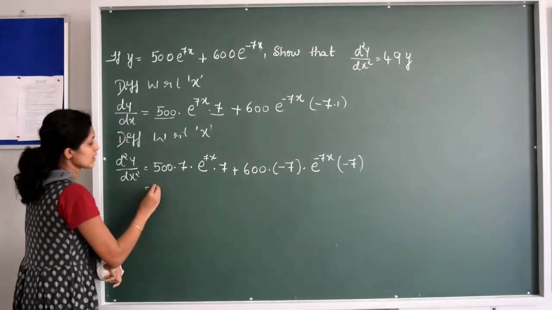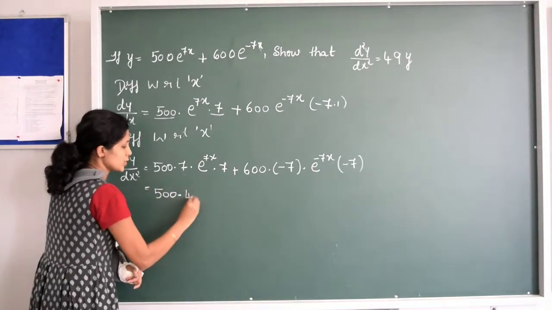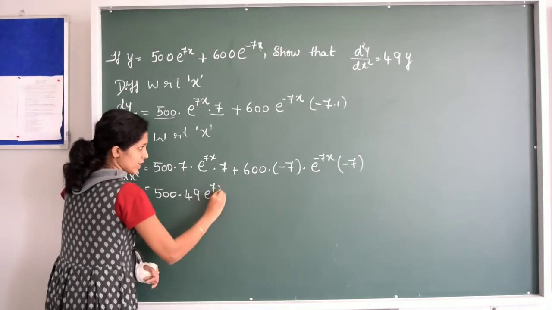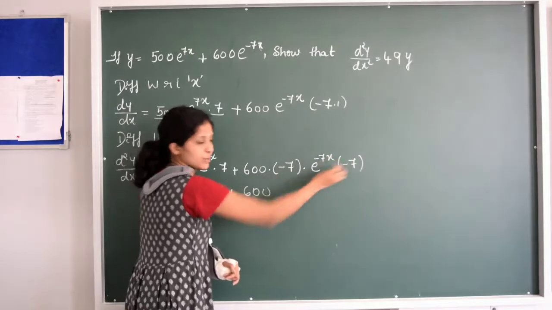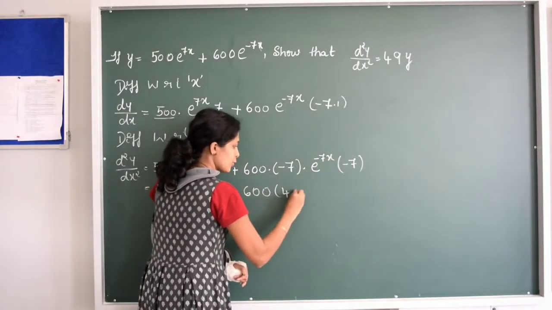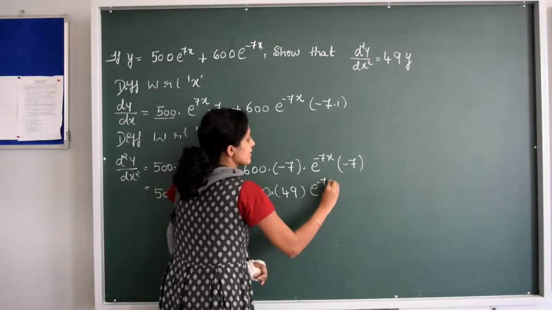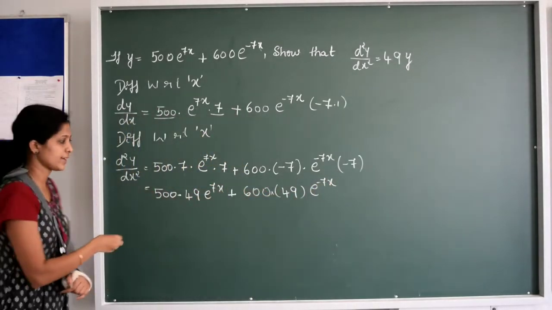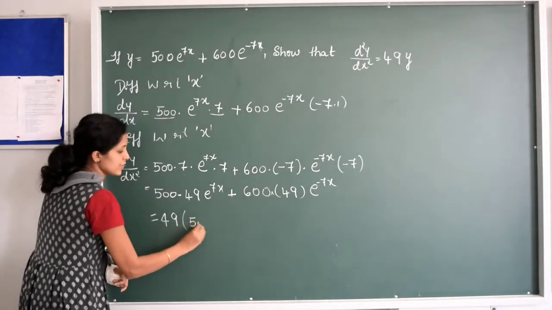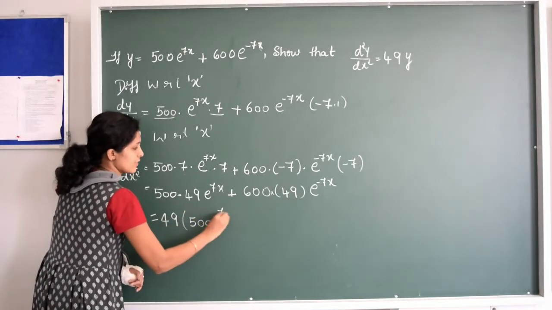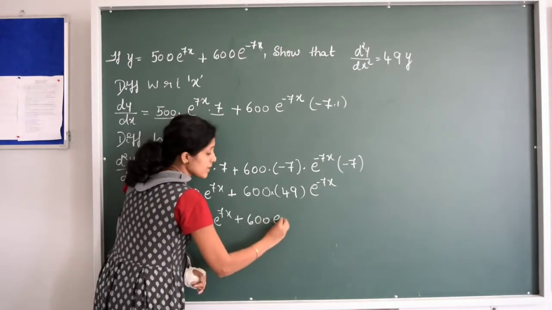So this is equal to 500 into 7 into 7 will be 49 e to the power 7x plus 600 as it is, minus 7 into minus 7 will again be 49, into e to the power minus 7x. Here you can observe this 49 we can take common. So if I take 49 common, what is remaining? 500 into e to the power 7x plus 600 into e to the power minus 7x.